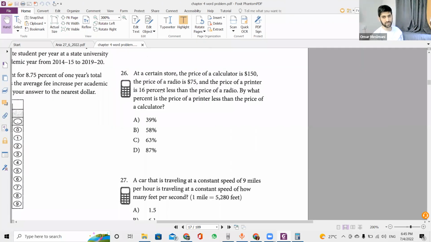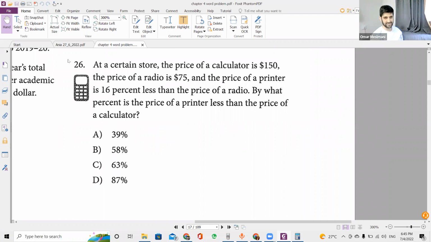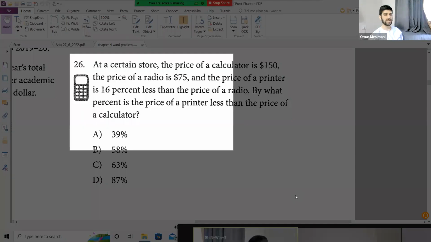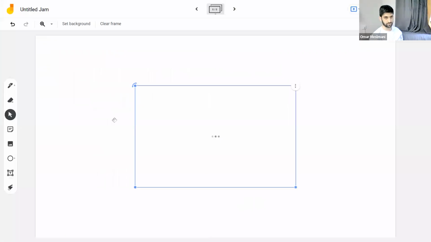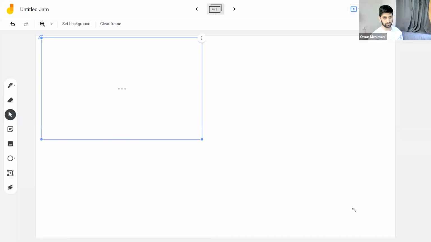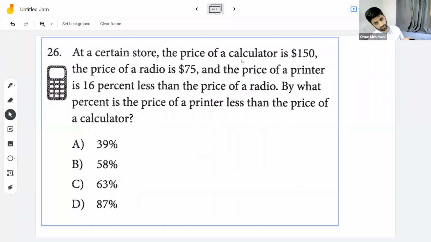I suppose that everyone can solve 26 now, because we did the exact same one. So good luck with this. Come on, guys. Please try to do 26.